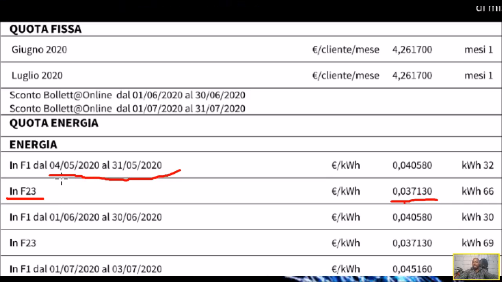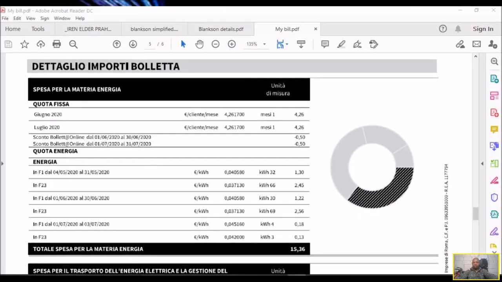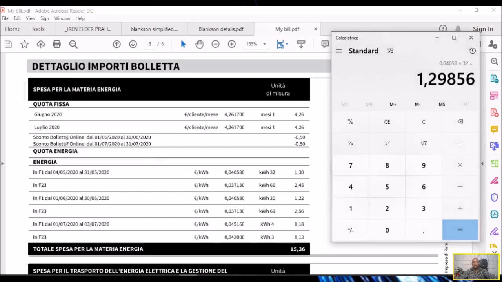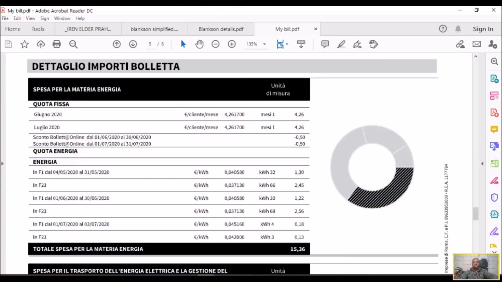So within the calculation of F2 and F3, I consumed 66 kilowatts, and in this case let's do the calculation. 0.037130 times 66 will give you €2.45, which of course you can see here.